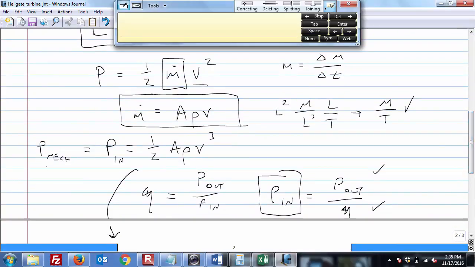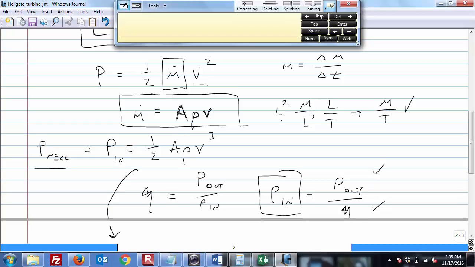And we know that that's the power in, or the mechanical power. And we also demonstrated that the rate of flow of mass, the bigger the area of the turbine, the more dense the air, and the faster the velocity, the more mass flows through.